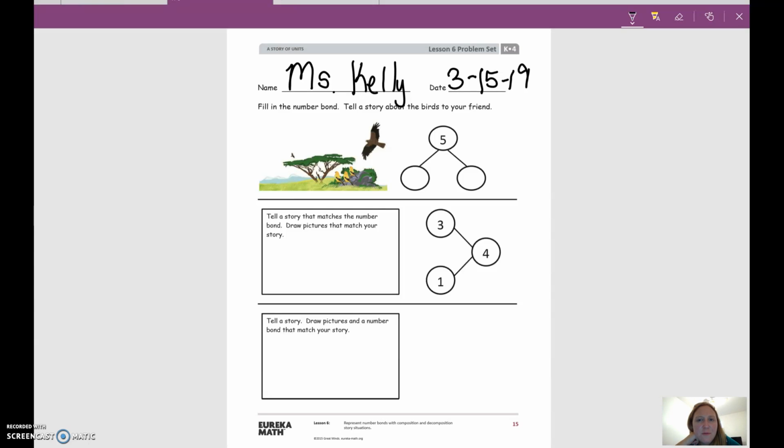Interesting. I see lots of birds in this picture. I see one bird that's definitely an eagle and it's close up. Do you see that bird? I thought you did. I also see one eagle way off in the distance. And I see 3 yellow birds. How could I tell a story about these birds?